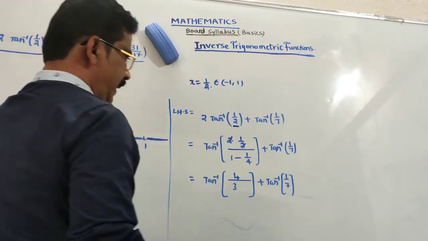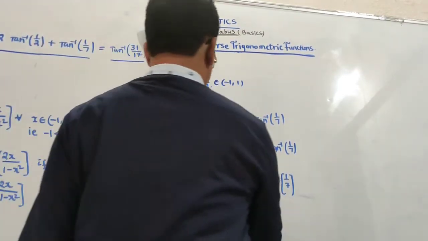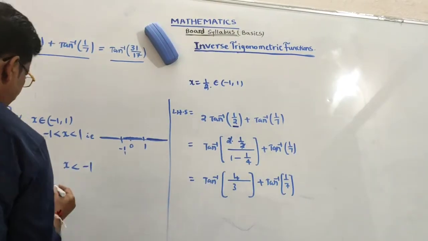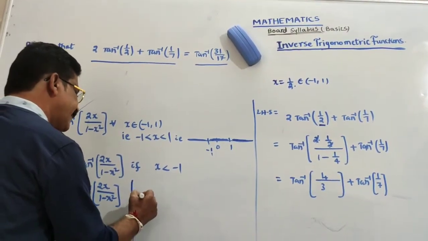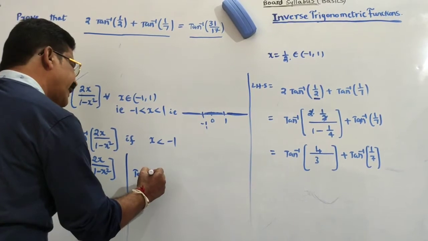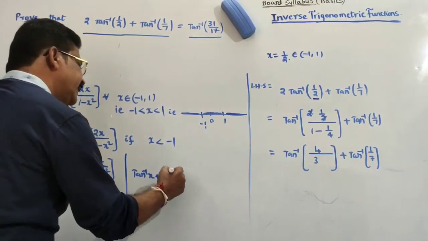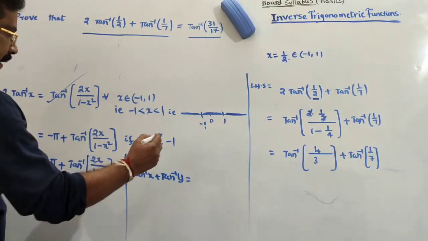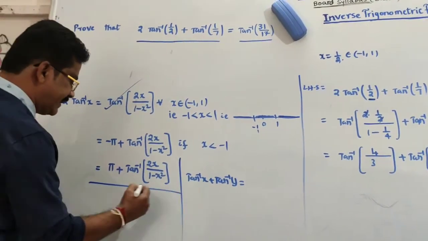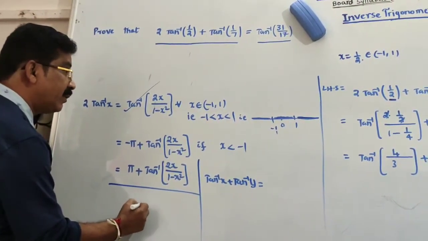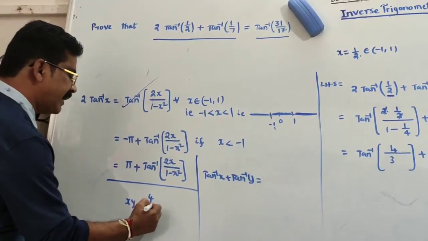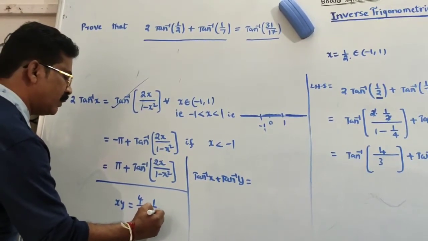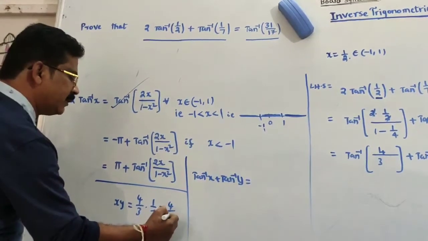So therefore, clearly it is in the form of tan inverse of x plus tan inverse of y. Actually, here x into y is what? x into y equal to, x value 4 by 3, y value 1 by 7, so 4 by 21.